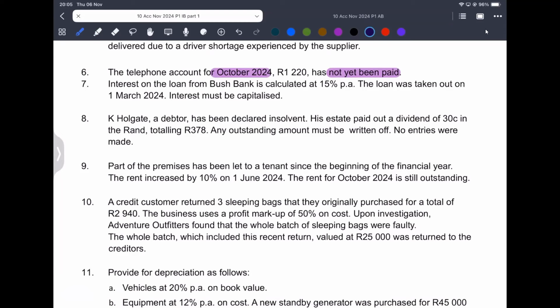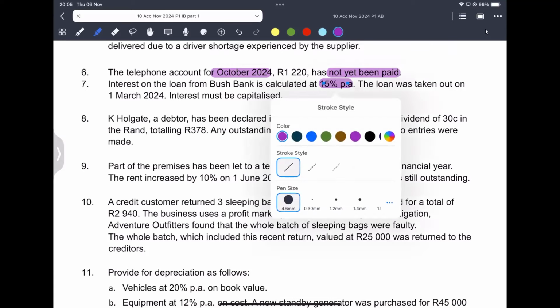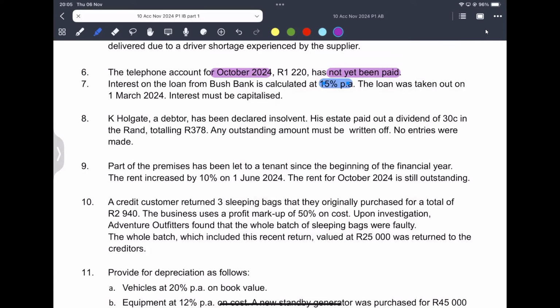Interest on the loan from Bush Bank is calculated at 15% per annum. Most people ignore the PA. PA means that you have used that. We need to calculate that for the entire year. The loan was taken out on the 1st of March 2024.